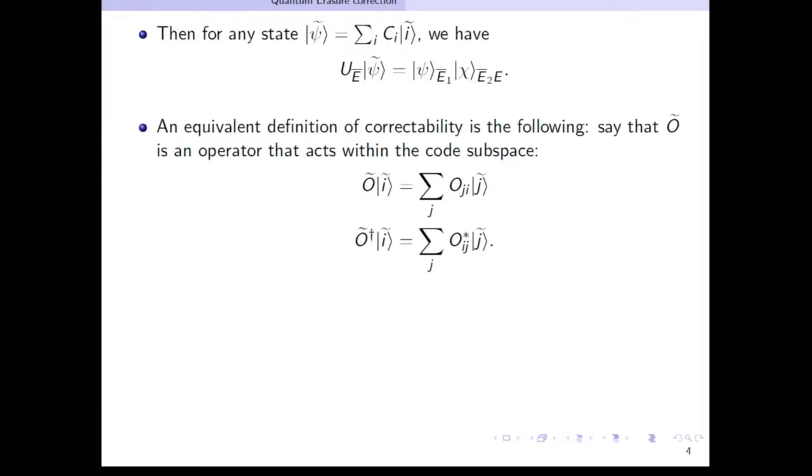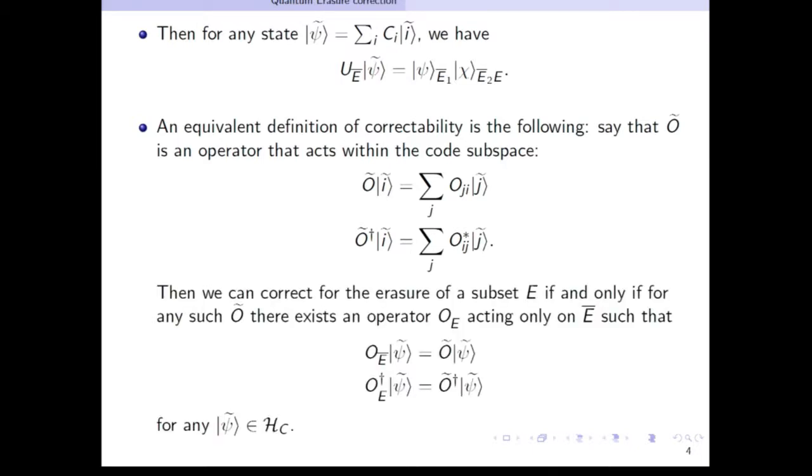But this Õ, in general, could be some complicated operator acting on all the physical qubits. It implements some transformation on the code subspace, and I'll insist also that its Hermitian conjugate implements the conjugate transformation on the subspace, so it doesn't have any funny off-diagonal elements.